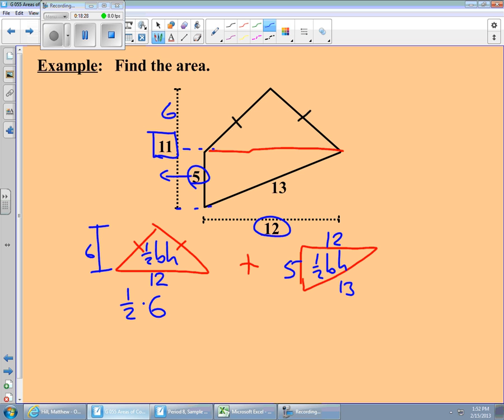Pretty clear over here on the left side: 1/2 times base times height. That 6 is an altitude of that triangle, and an altitude is perpendicular to its base, so we have the base and the height of the triangle on the left: 1/2 times 6 times 12. Now, over there on the right side, we all know the formula for the area of a triangle is 1/2 times base times height, but what's the one main property about a base and a height?